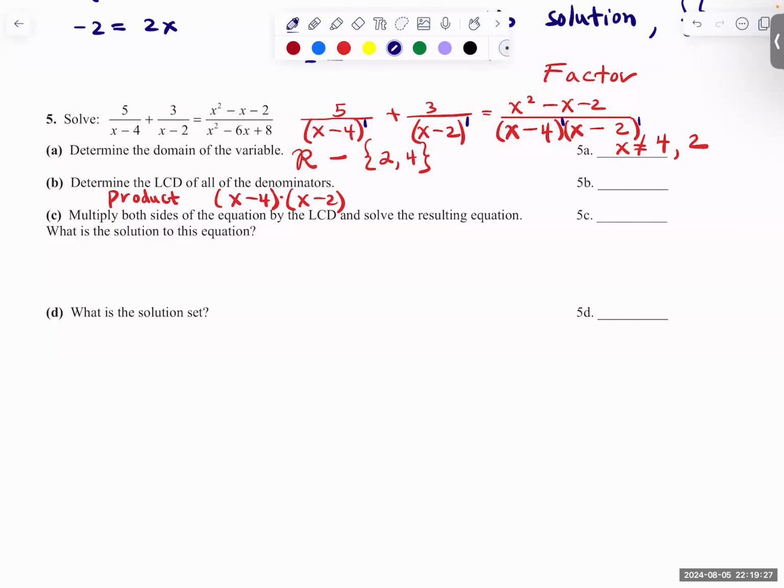So now the next step is to multiply every term by this LCD. Let's do that here.